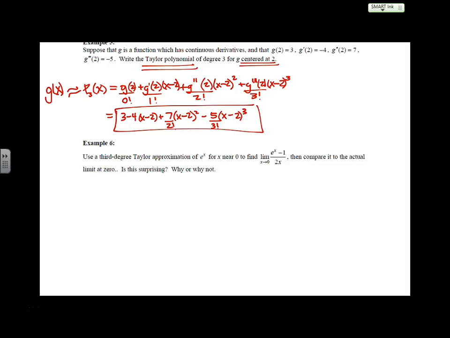Wait a minute. Example 6. What's going on? Use a third degree Taylor approximation. What's a third degree Taylor polynomial? Exactly. Wait a minute.